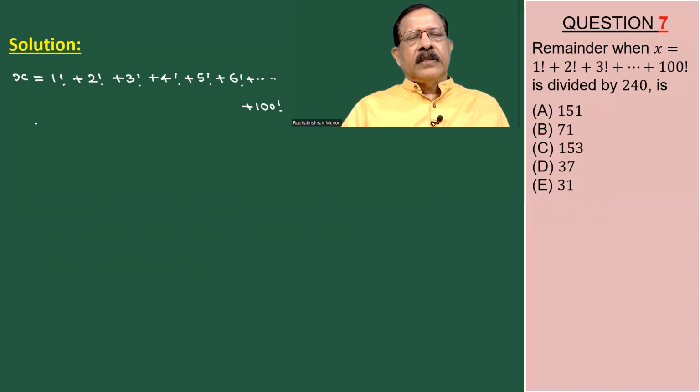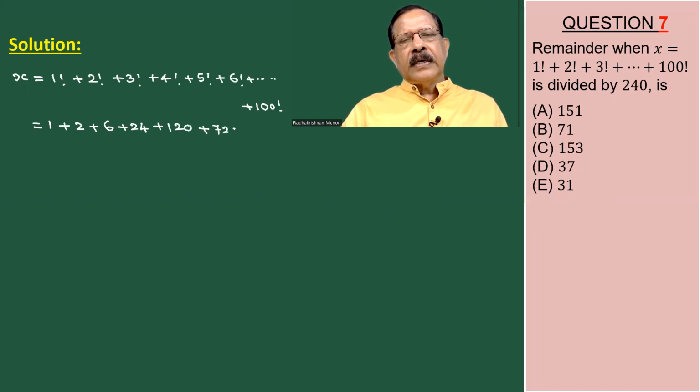Okay, so this is equal to 1 factorial is 1, 2 factorial is 2, 3 factorial 6, 4 factorial 24, 5 factorial 120, 6 factorial 720 plus etc. plus 100 factorial.